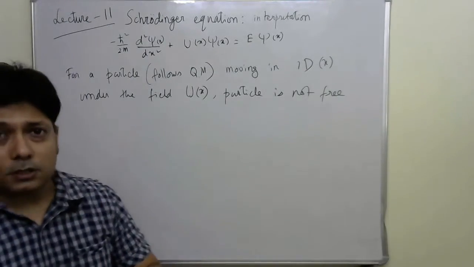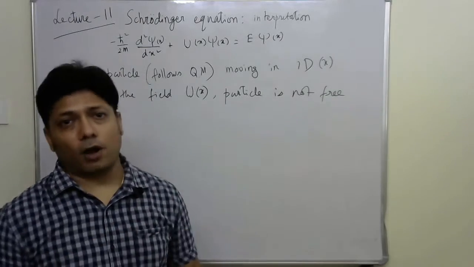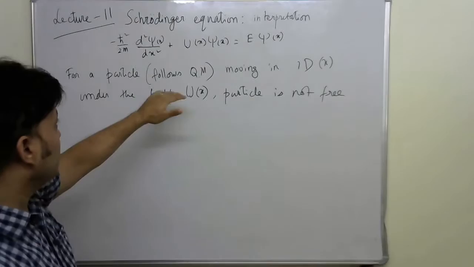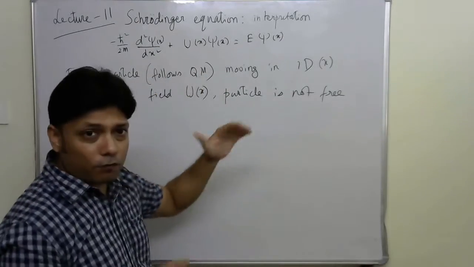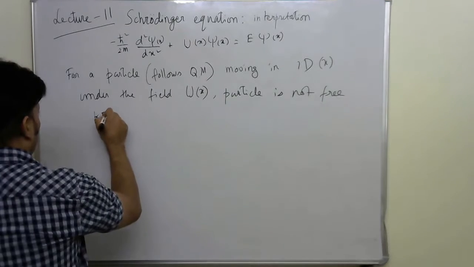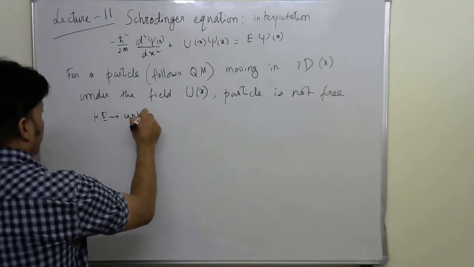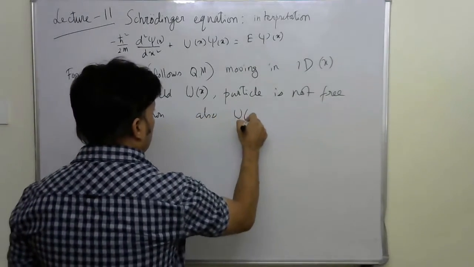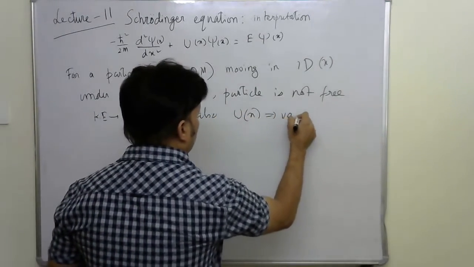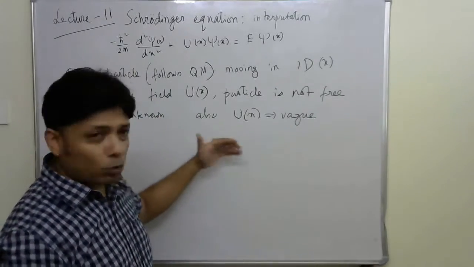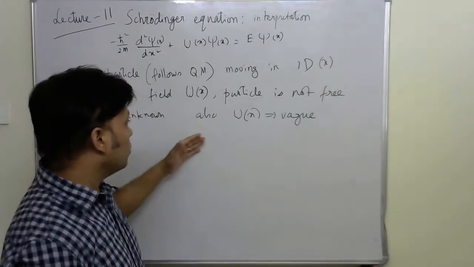But the particle may or may not have kinetic energy, that we don't know, because here we have assumed some vague term of kinetic energy. So we can say that the kinetic energy is unknown, and u(x) so far is vague, because we did not describe what kind of potential force it is.